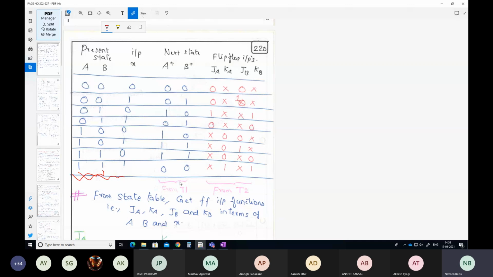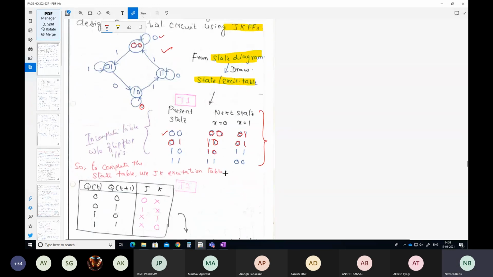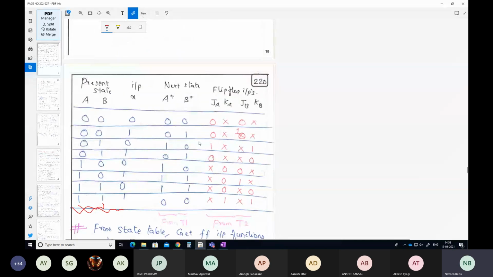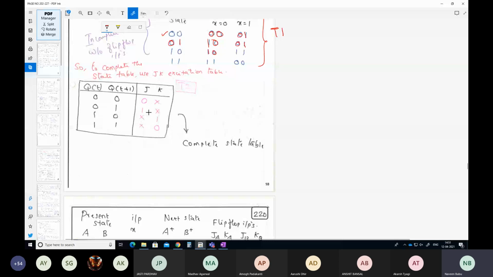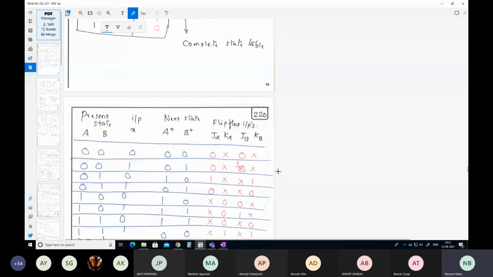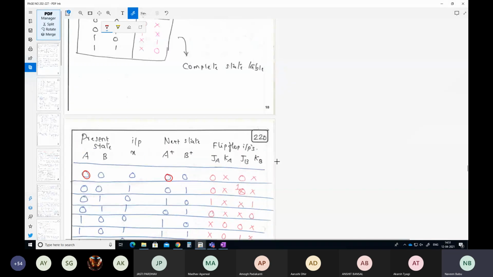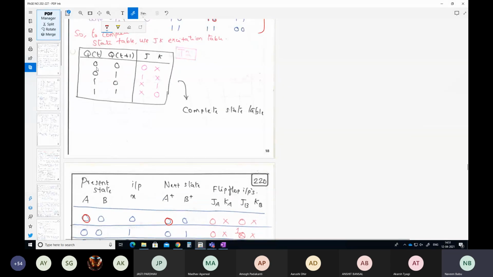This is from your table 1, right? So I'm going to look at this as table 1, that is the incomplete state table. And I'm going to fill the flip-flop inputs from table 2, which is nothing but my excitation table. So what I will be looking at is, when your present state is 0 and your next state is 0, I will go and look at my excitation table. Present state is 0, 0, J and K is 0x.